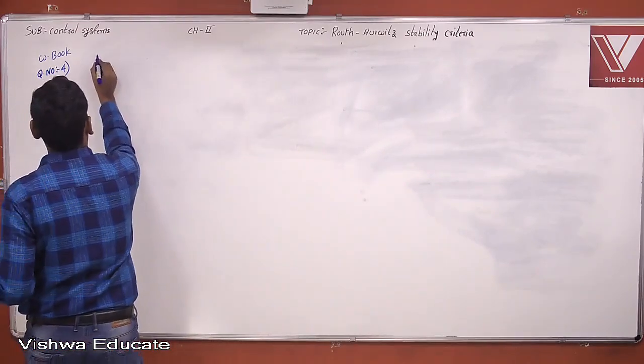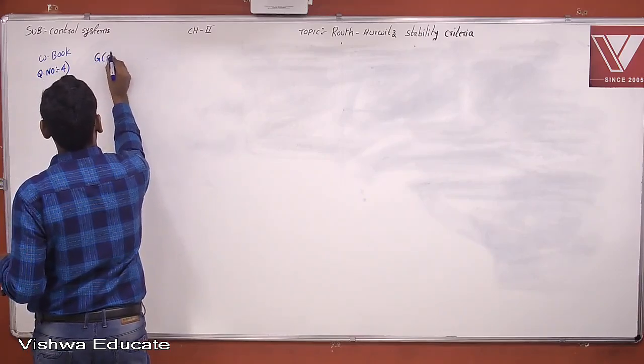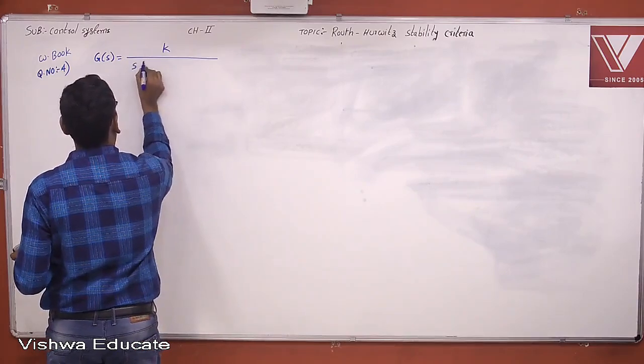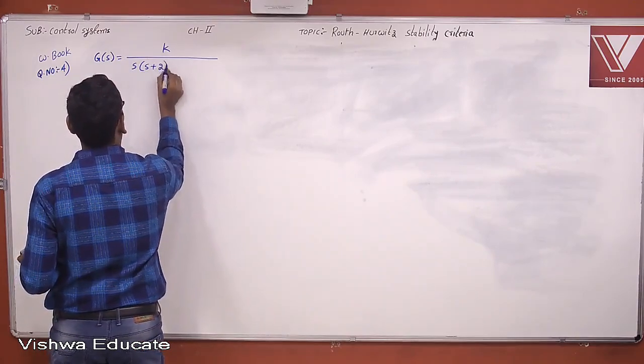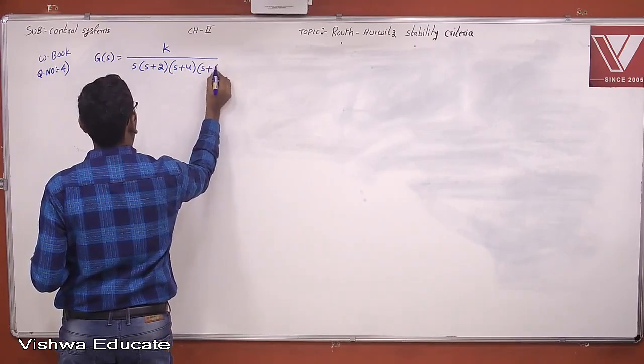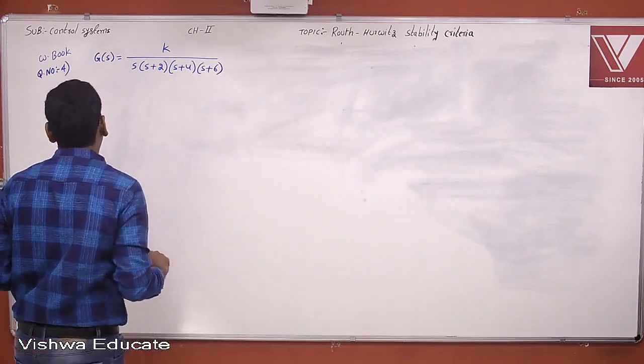Now what is the question? Find the closed loop control system stability, but he has given G of s equal to k by s into s plus 2 into s plus 4 into s plus 6. So this is the open loop transfer function.